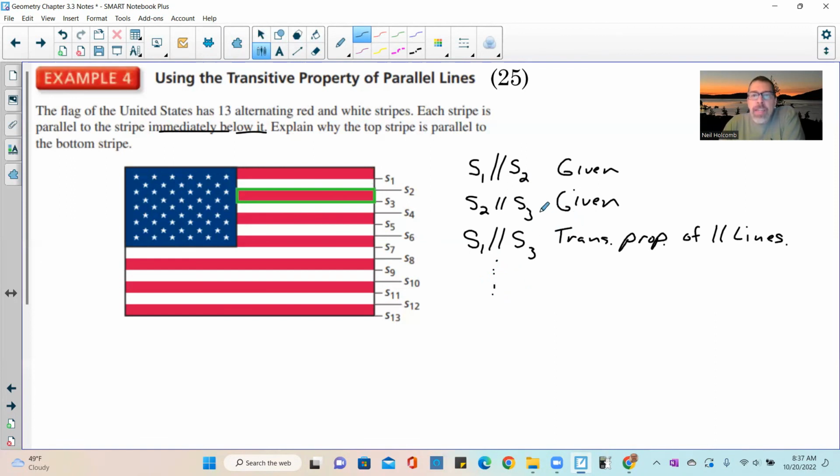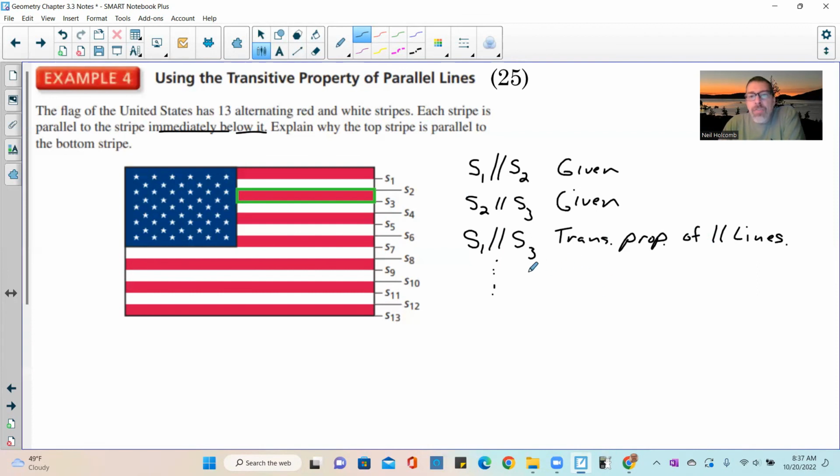I would then state that S3 is parallel to S4 because it's immediately below it. And since S3 is parallel to S4 and S3 is parallel to S1, then S4 is also parallel to S1 by the transitive property. Then you would say S4 is parallel to S5 because they're immediately below each other.